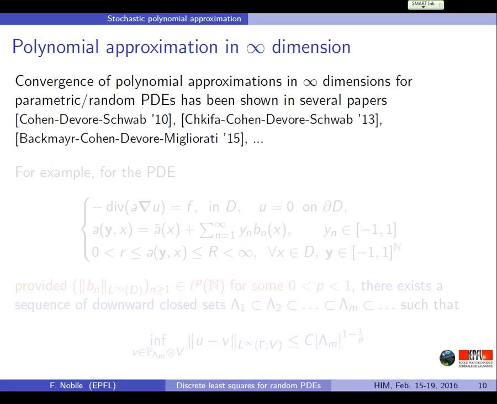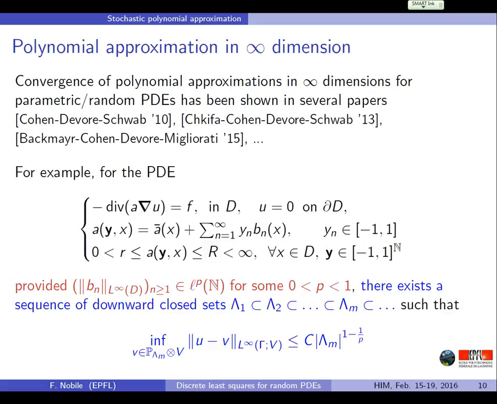This is another slide on motivation for polynomial approximation. I'm just recalling a well-known by now result by Albert Cohen, Rondevaux, and Christoph Schwab, and there are many following works.